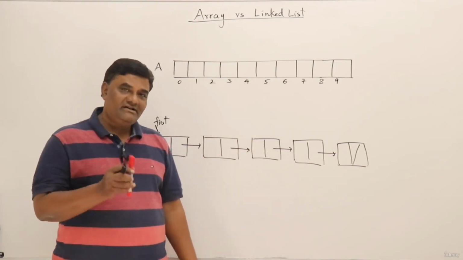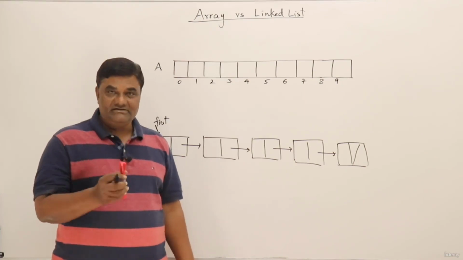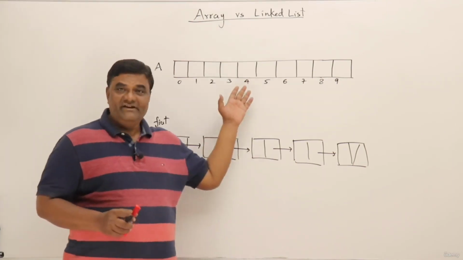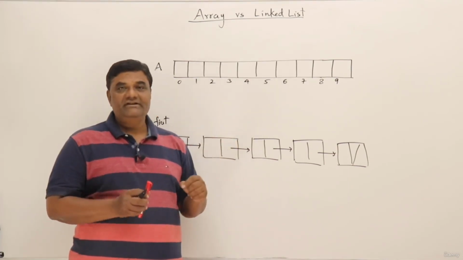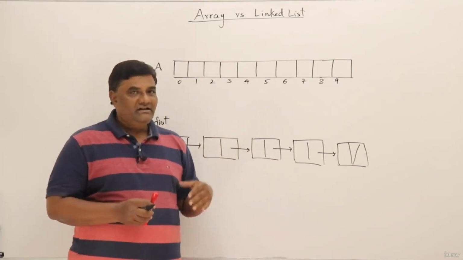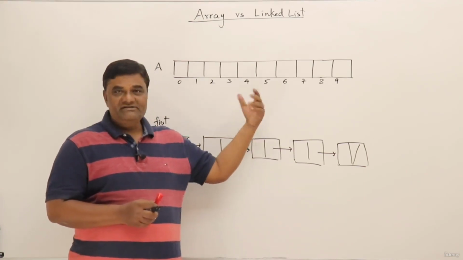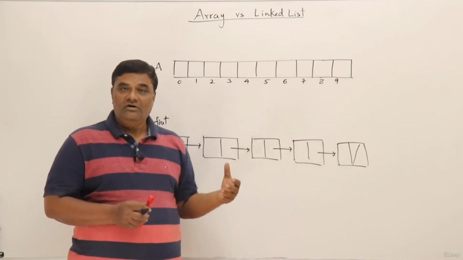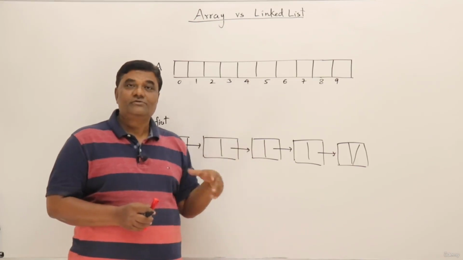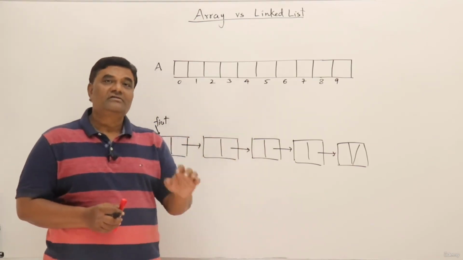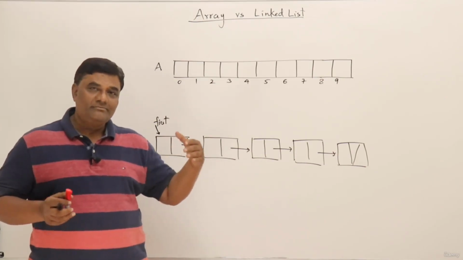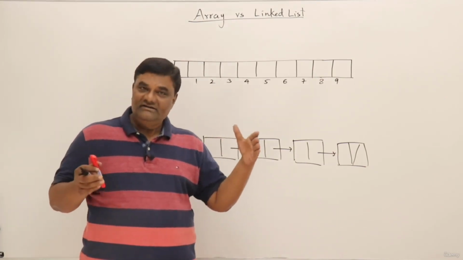Next, advantage and disadvantage based on length. This is fixed size, so the chances of getting perfectly utilized is less. Either it may have some spaces left over, or it may not be sufficient for storing all the elements. So it should be used when you are sure that you will not get more elements than this size.